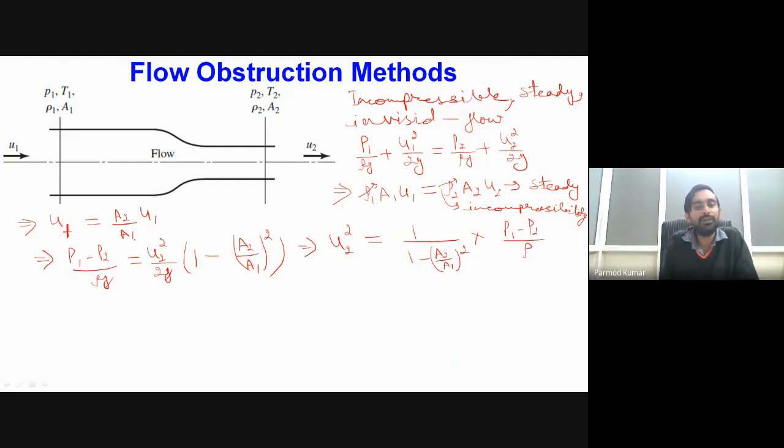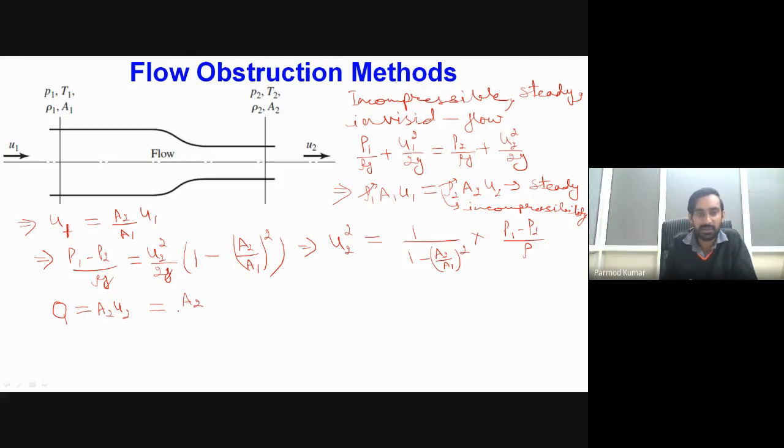Now we know from the continuity equation that the flow rate corresponding to the second cross section will be equal to A2 into U2. So our flow rate will be equal to A2 times U2, and U2 square is this.